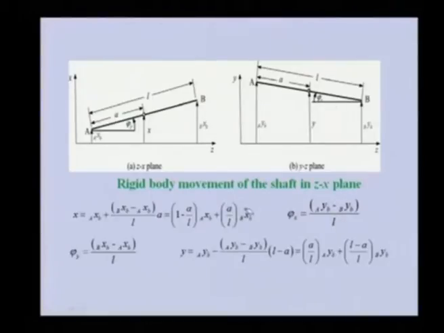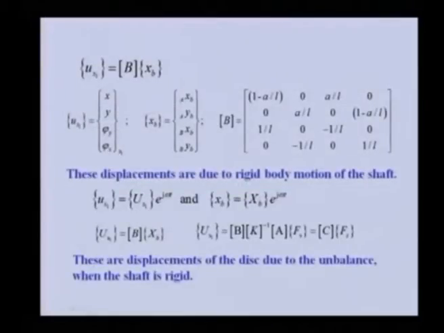So, these four relations, which give the displacement of the disc due to bearing displacement when we consider the shaft as rigid, can be combined in a matrix form like this. The shaft displacements are x, y, phi x, phi y, and the bearing displacements at bearing A and B are linear displacements only, and this B matrix will contain all the coefficients related to x_B, these coefficients.